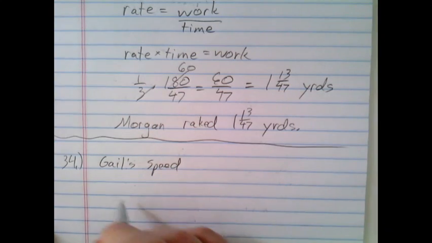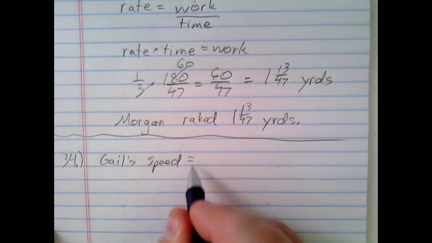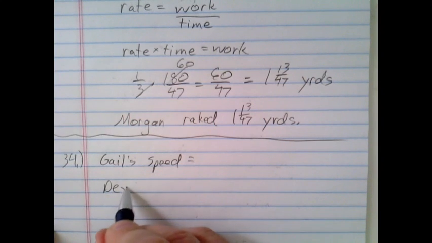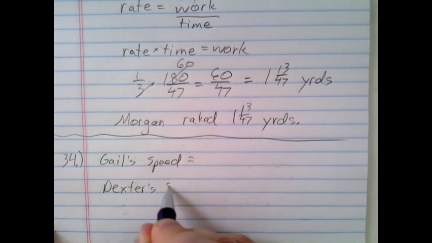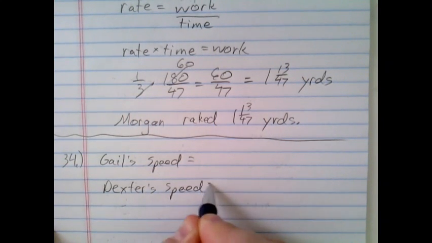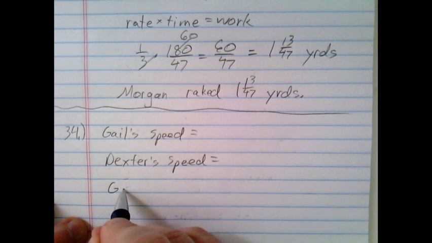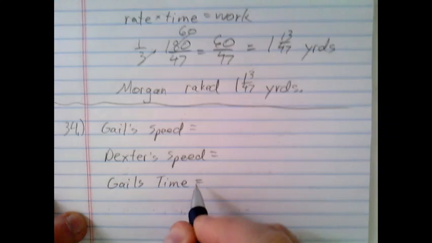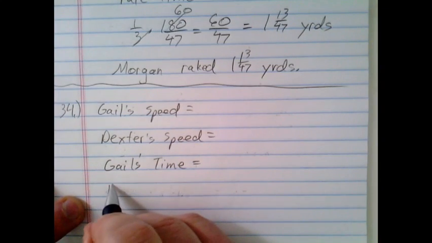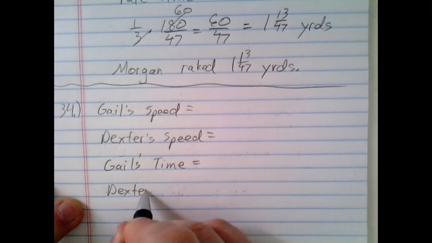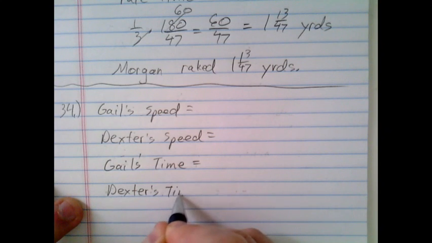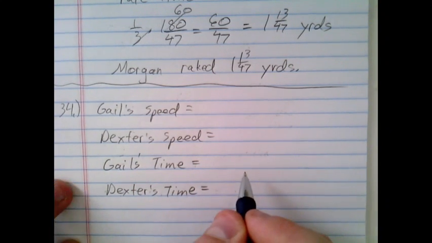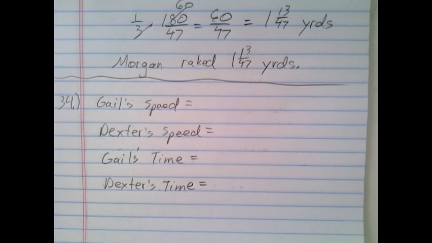Gail's speed equals something. Dexter's speed equals something. Gail's time equals something, and then Dexter's time. Well, what did they tell us about the speeds again?